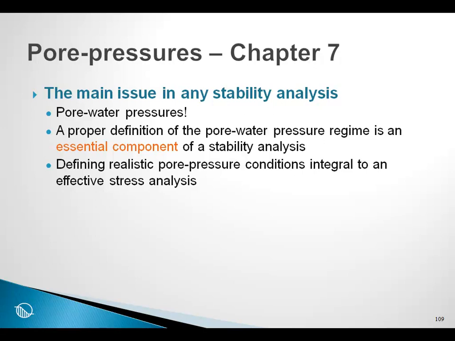And we pointed out in that session that the most realistic position of the critical slip surface is determined when we use effective strength parameters, c prime and phi prime, together with a realistic pore pressure distribution. So if we want to determine a realistic picture of the critical mode of failure, we should be using effective strength parameters, which also means that we must have a realistic picture of the pore water pressure conditions.